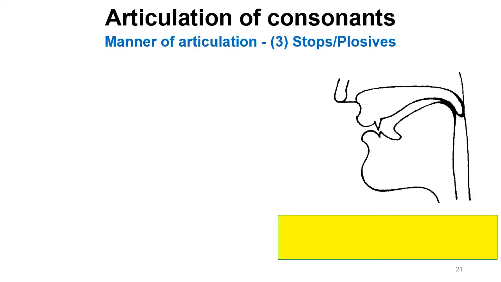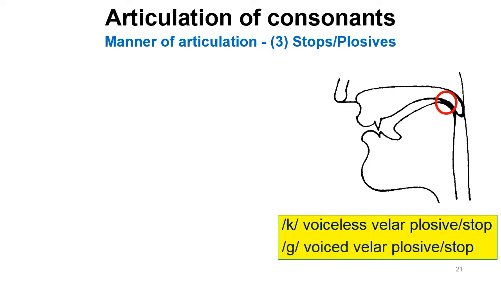When we say k or g, we block the air or stop it completely behind the velum. The tongue back is pressed against the velum, and we release it suddenly. So k is a voiceless velar plosive or stop, and g is a voiced velar plosive or stop.